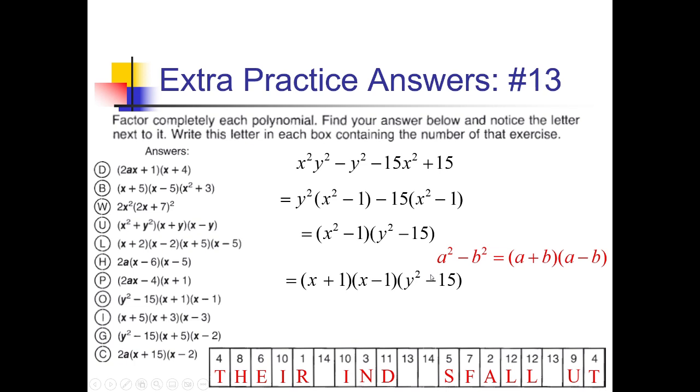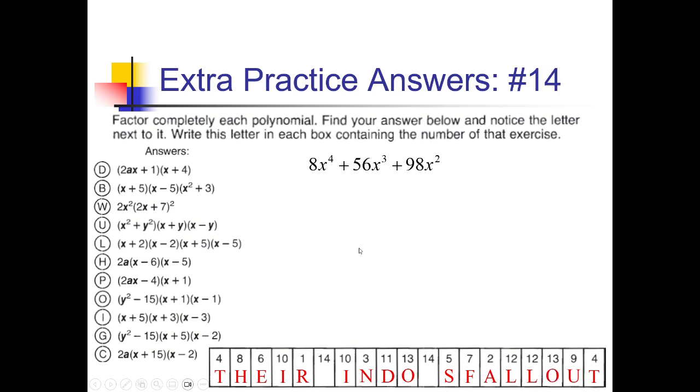So looking all that up, I see here's the y squared minus 15, but I've got different factors next to that one. Going a little higher up, here's y squared minus 15 times x plus 1 times x minus 1. That's what I want. So we're putting an O next to 13 wherever we see that. Here's a 13, so you get an O, and this 13 gets an O as well.